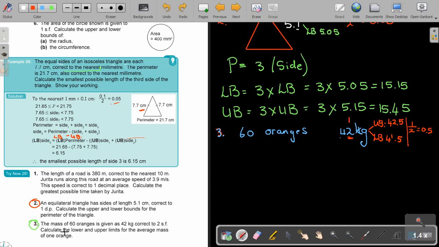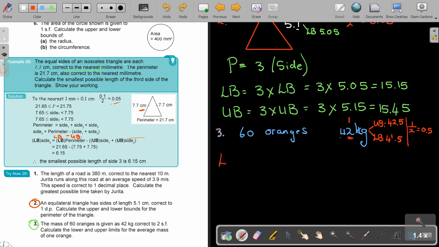Now, calculate the lower and upper bounds for the average. How do you find the average in this case? You're going to take the kilograms and divide by the number of oranges. But remember, this one is fixed, it's not having an upper and lower.